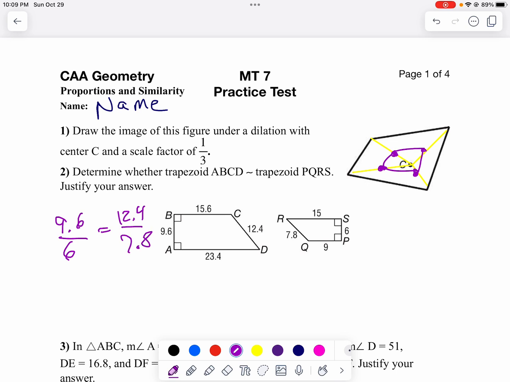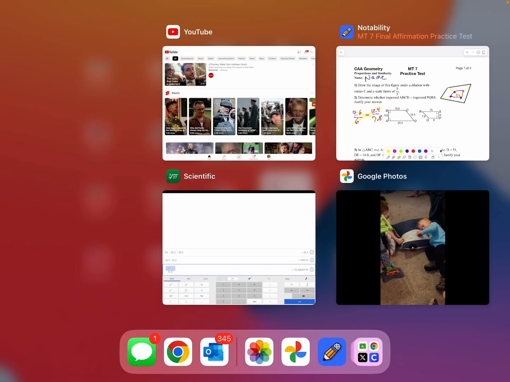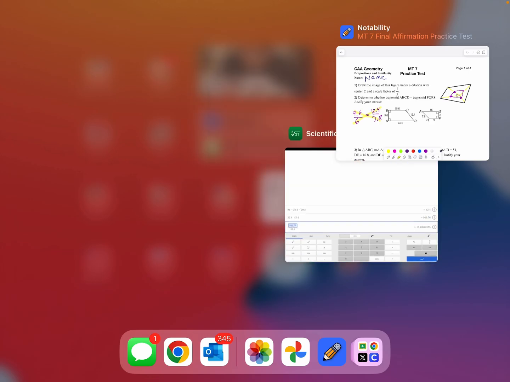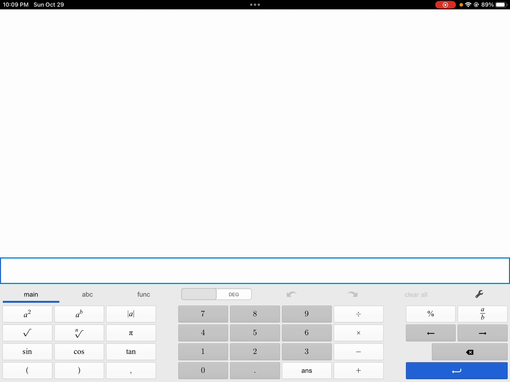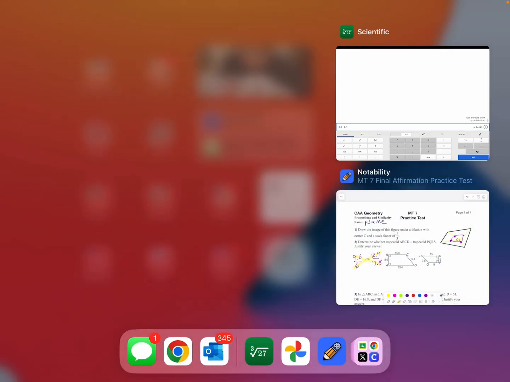Well, the easiest way to tell if it's a proportion is to cross multiply. So if I take 9.6 times 7.8, I'll get 74.88.